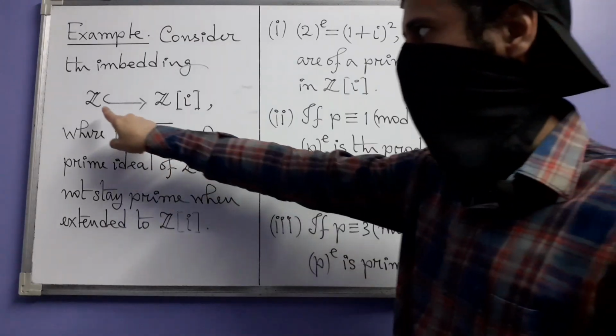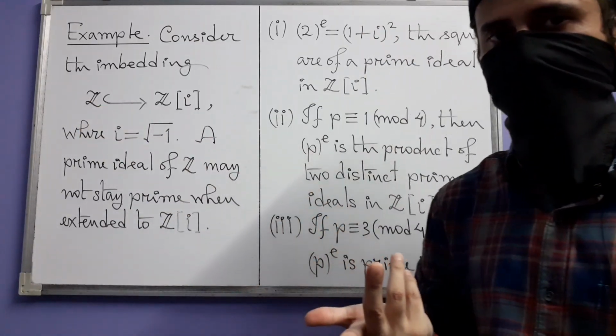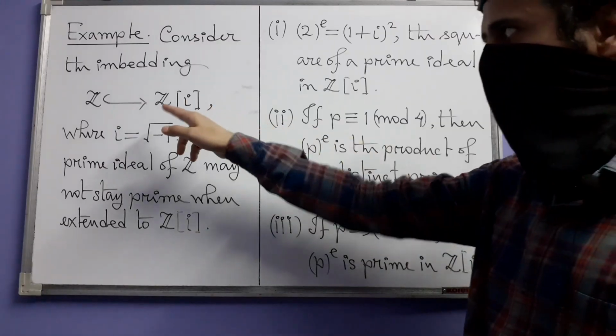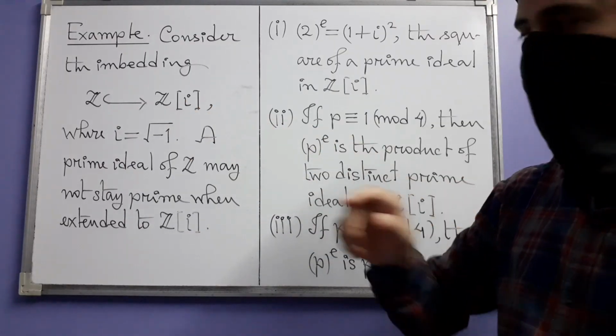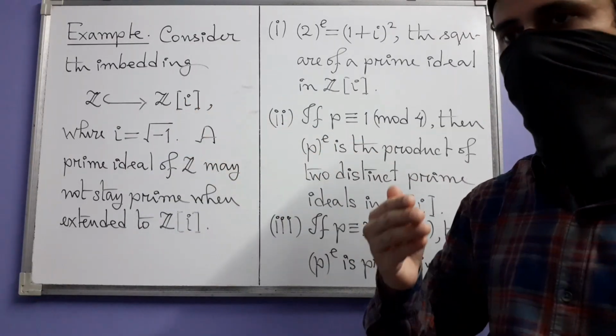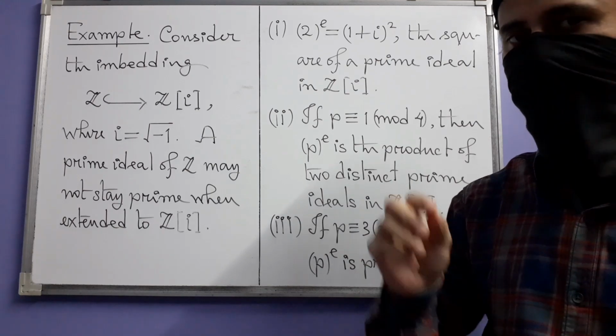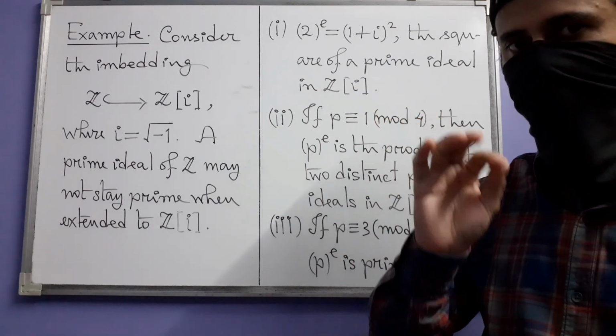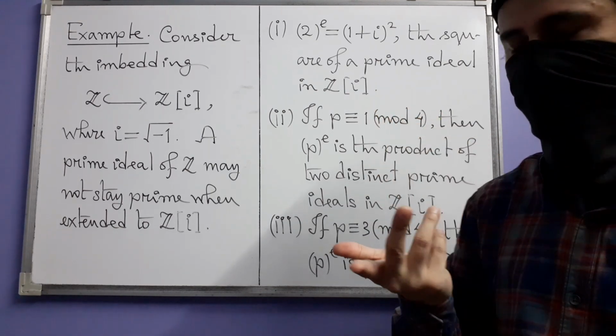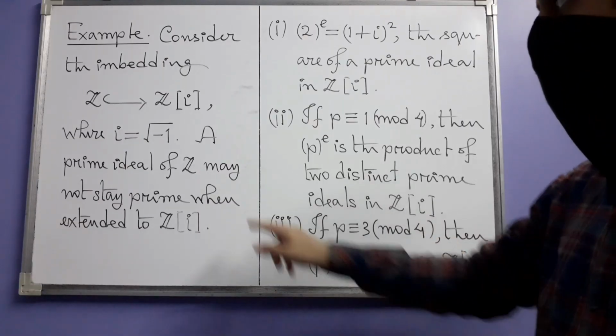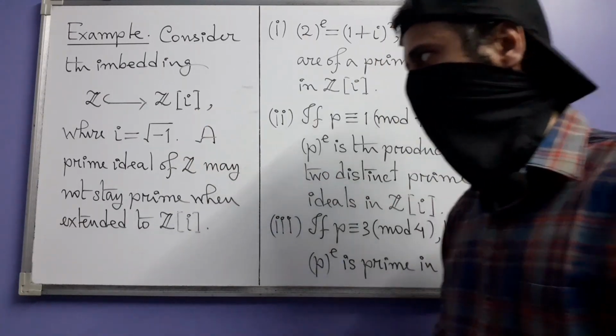For example, if you choose the integer 2, then the image of 2 under this map is 2 itself, which of course can also be interpreted as 2 plus i0. The real and imaginary parts are both integers, so it belongs to this.